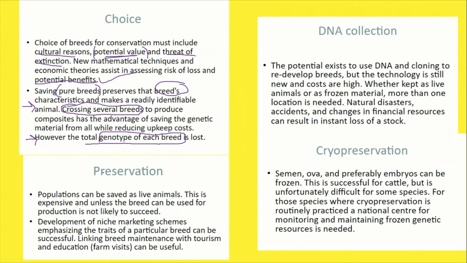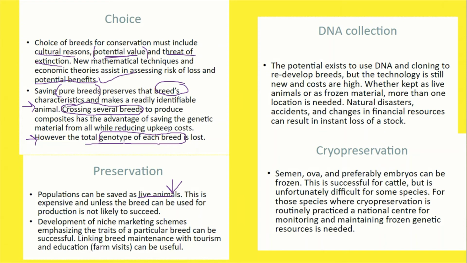Then we have what we call preservation. Populations can be saved as live animals. I remember we talked about that. That is one of the goals of how we preserve. We can use live animals as a way of preserving: get one animal from the environment, or two, a female and a male, and put them somewhere in quarantine. Of course, this is expensive, and unless the breed can be used for production, it is not likely to succeed.